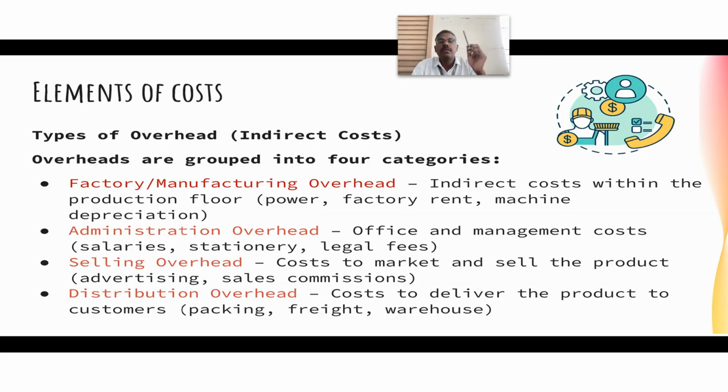So to produce a particular component, this pen, there is material cost, labor cost, and all the other overhead costs: factory, administration, selling, and distribution. After calculating all the amounts, we have to add profit also.